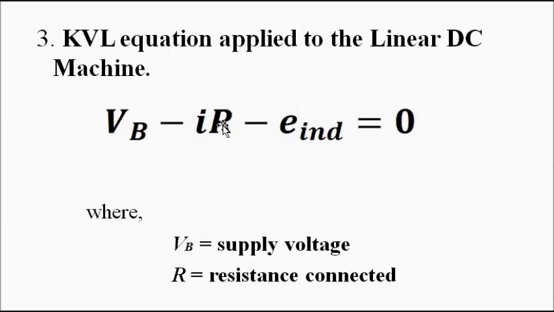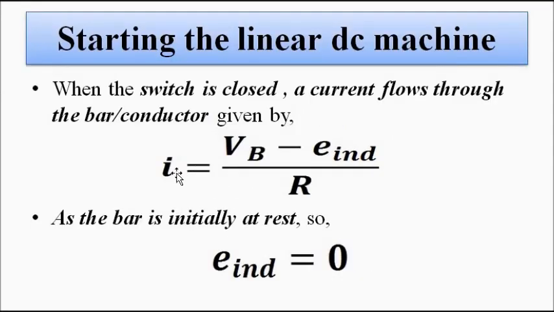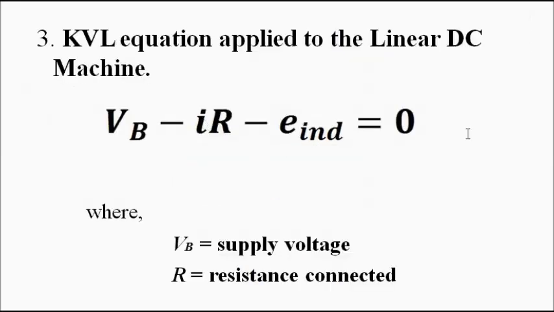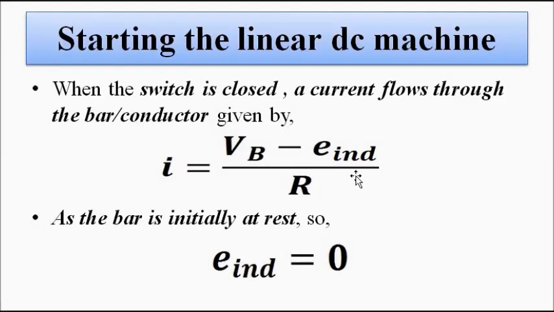So the expression of I flowing through the circuit is given by I is equal to VB minus EIND by R. We just took IR to the RHS, and then we determine the value of I.